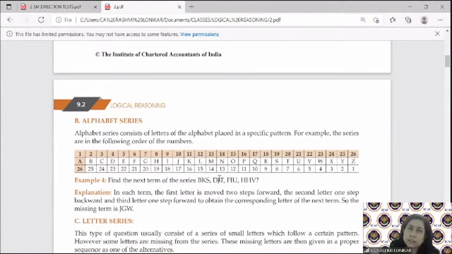So when I want to send a message secretly to someone, I say I'm going to give D the number 7. In coding questions, they will give you the code for the alphabets and then they will ask you to make the code for a given word. Okay, so that is another type of question.